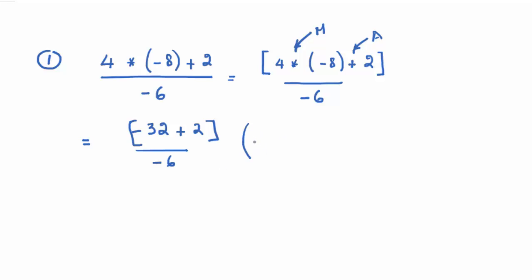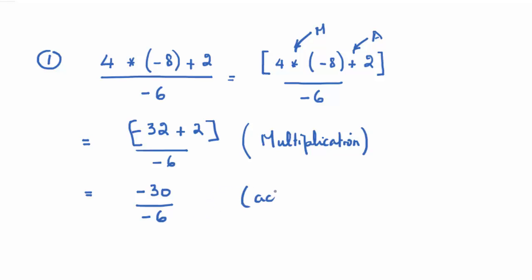And I can write to the teacher that I did the multiplication first, because this is the most powerful one. Now I have the addition, so -32 plus 2, that means -30 over -6. So I did what? I did addition. This is the operation that I did.